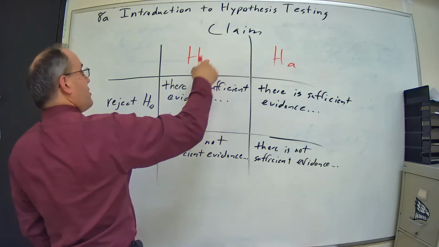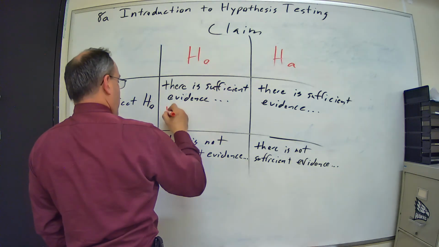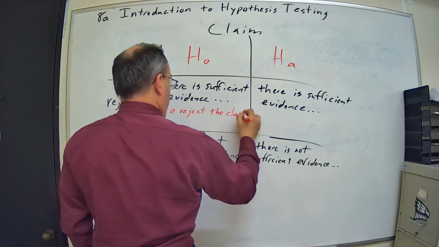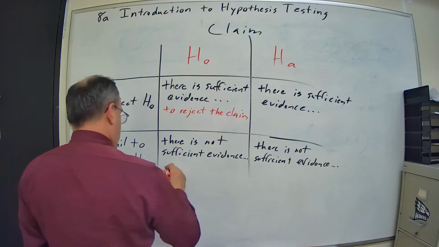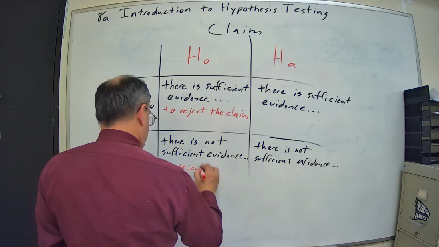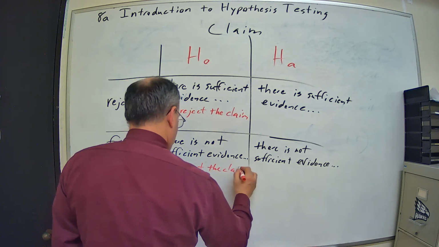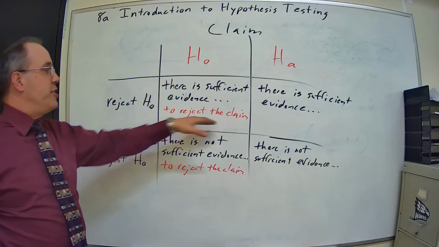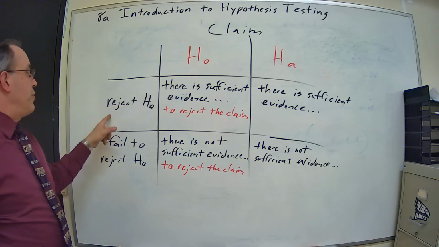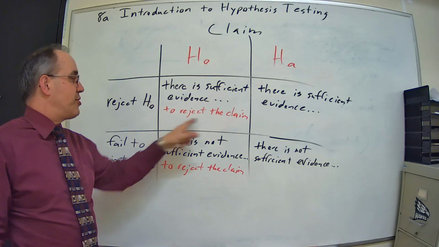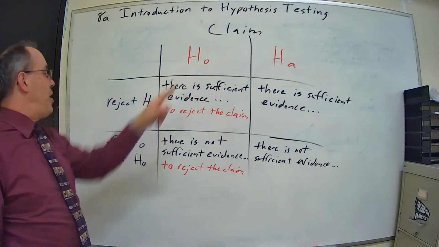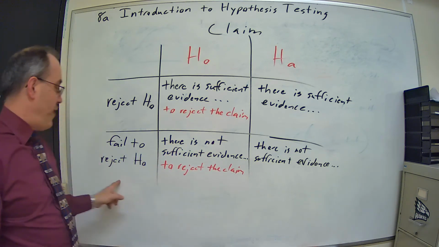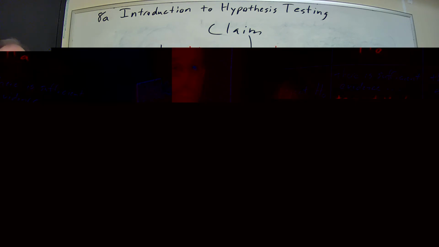So if the claim was the null hypothesis and we reject the null hypothesis, there is sufficient evidence to reject the claim. If the claim is the null hypothesis and we failed to reject the null hypothesis, there is not sufficient evidence to reject the claim. We failed to reject the null hypothesis, which was the claim.